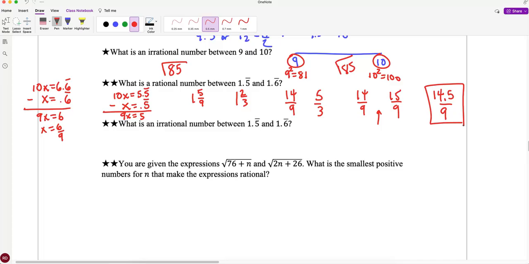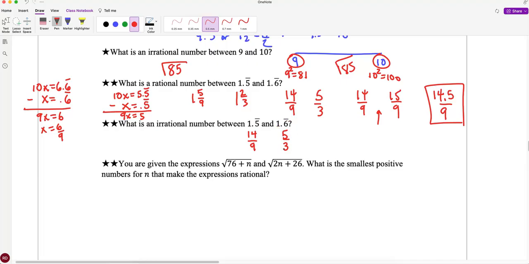What is an irrational number between 1.5 repeating and 1.6 repeating? So again, the trick with the irrational numbers is to square the numbers you have. So remember, this was 14/9, and this guy was 5/3.